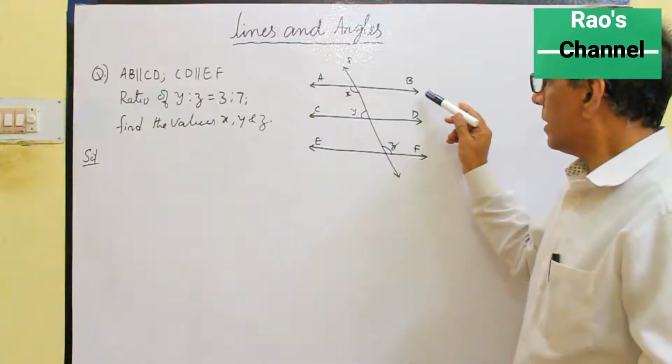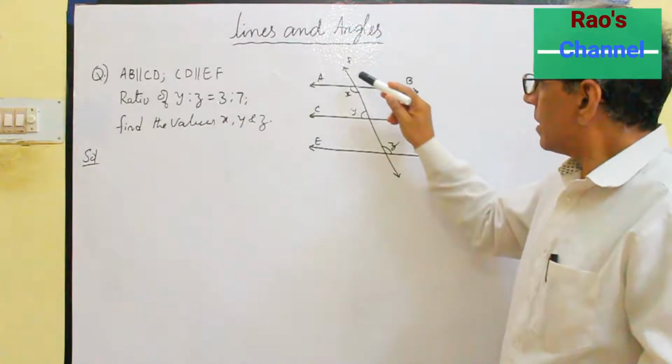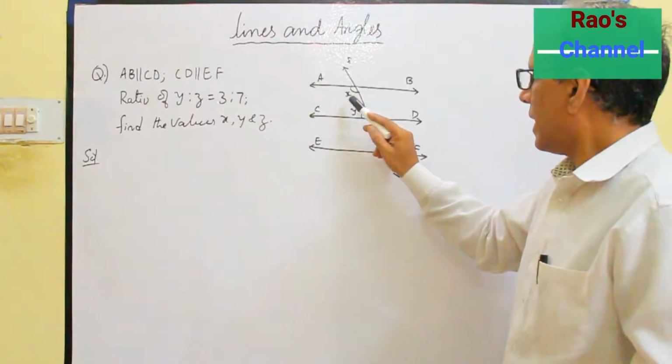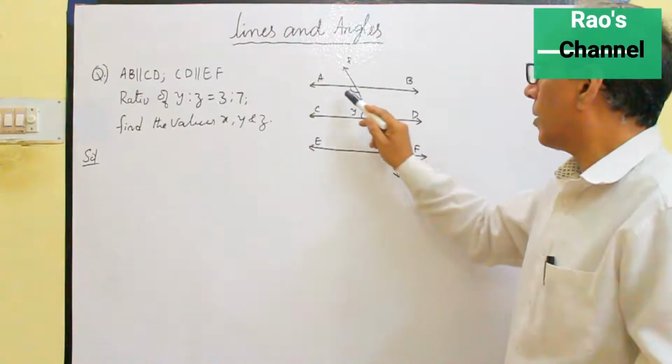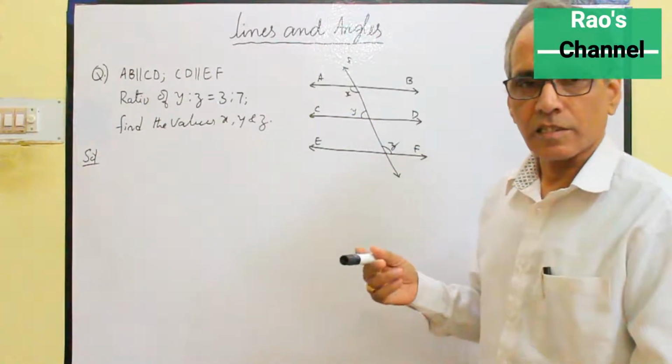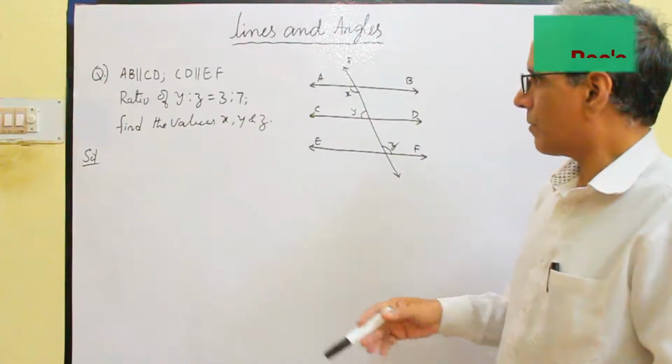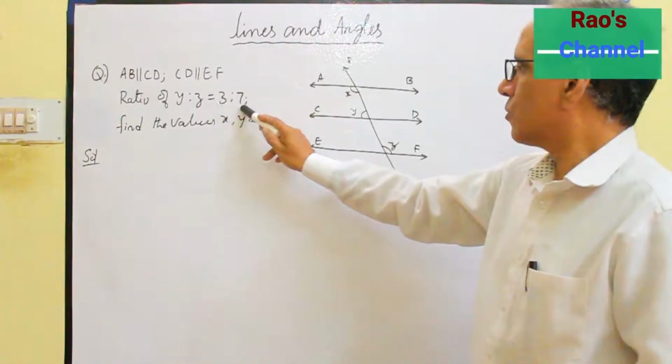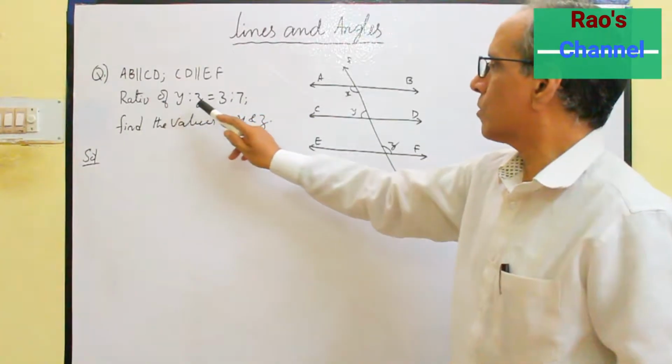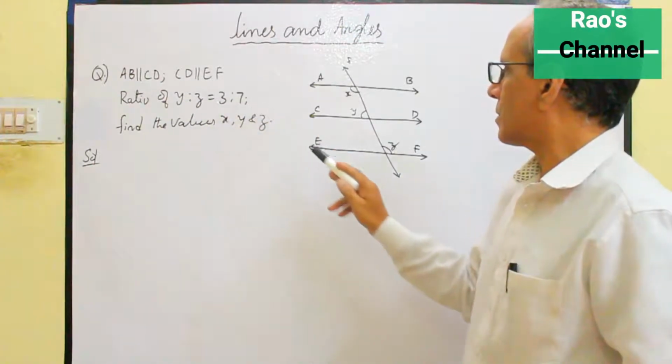If AB and EF are parallel, X and Z form interior alternate angles and are equal. And from the ratio 3:7, Y is 3 times and Z is 7 times.